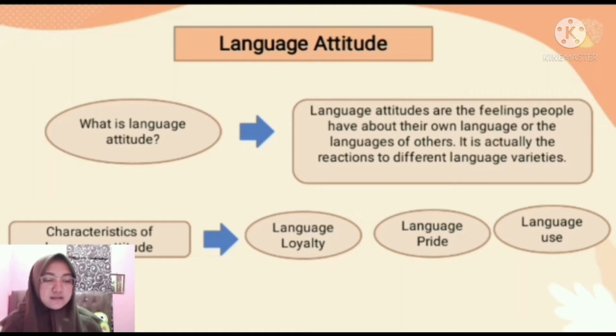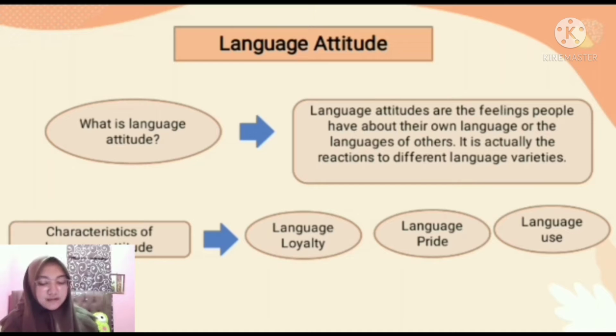The second one is language pride. Language pride encourages the people to develop their language and use it as a symbol of identity and community unity. The third characteristic is language use.